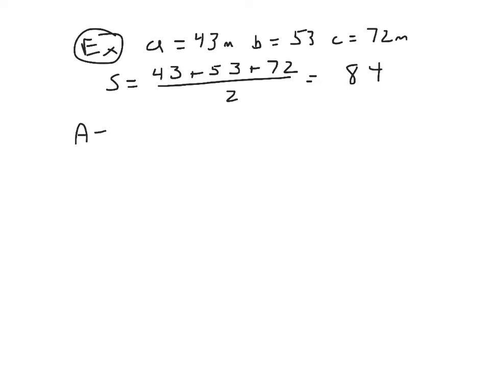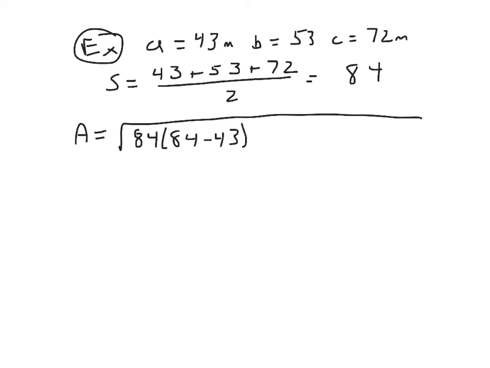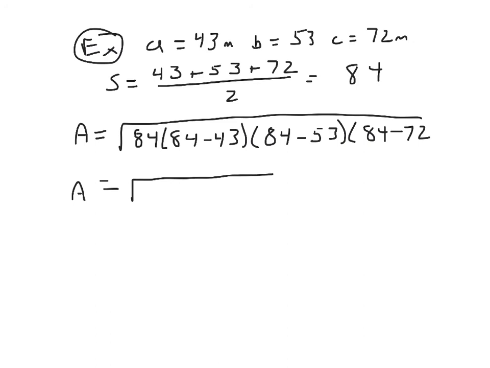So then the area is going to be the square root of S, which is 84, times (S minus a) times (S minus b) times (S minus c). And now we're going to type all that into our calculator.